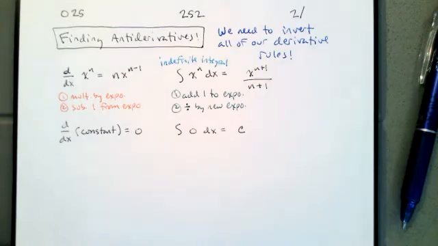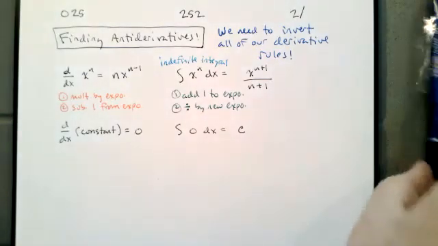So when we do an antiderivative, when we try to go backwards, there's a piece of the process that's gone, and we need more information to get that piece back. So since the derivative of a constant is 0, when we find an indefinite integral, if we want to write down all of the indefinite integrals, we have to tack on a plus c.